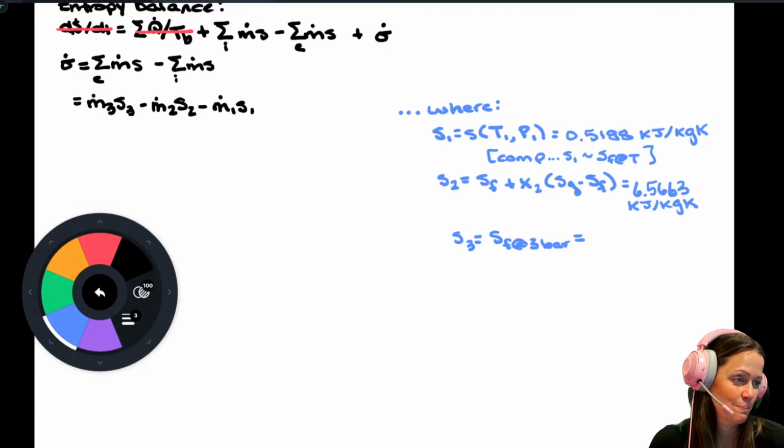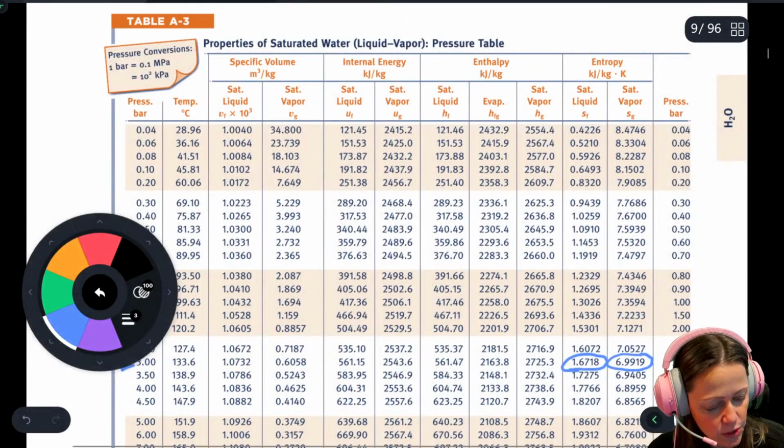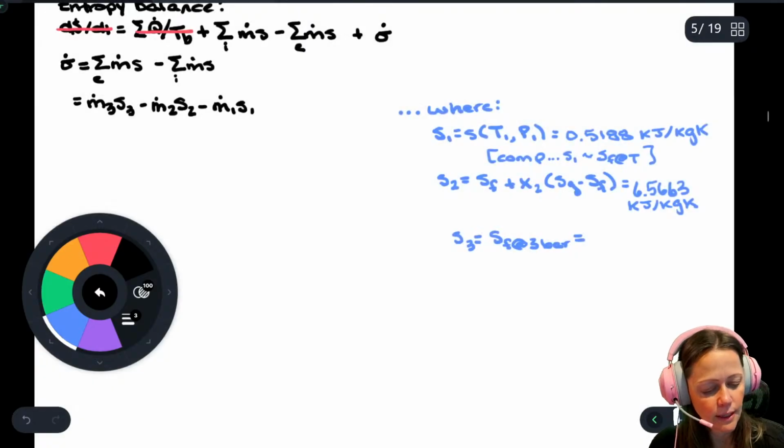All right, so S sub F at 3 bars. For state 3, you have a saturated liquid at 3 bars, so it's just a matter of using that S sub F value at 3 bar. So 1.6718 kilojoules per kilogram.